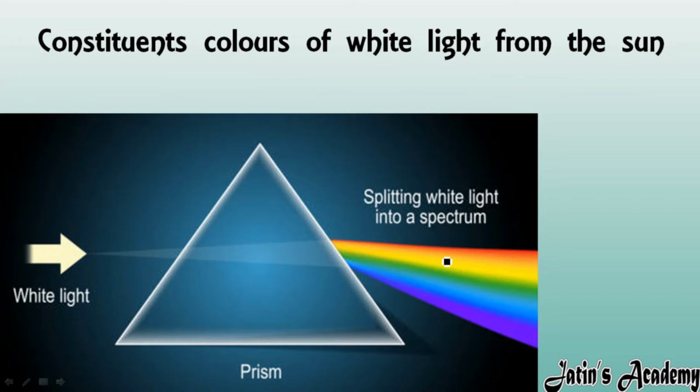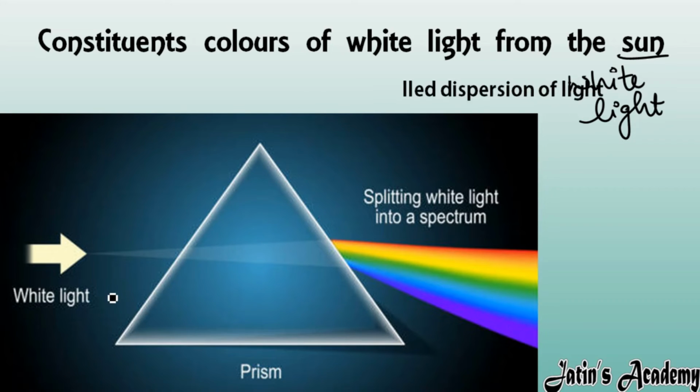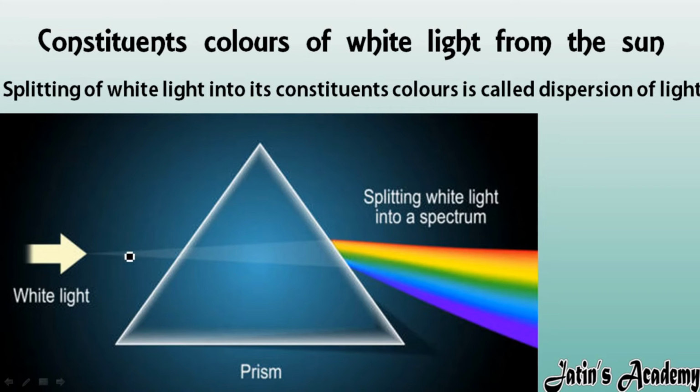Next, we have the constituent colors of white light from the sun. The sun has white light, and white light is a mixture of 7 colors. Whenever we pass white light through a triangular prism, it splits into its constituent colors.